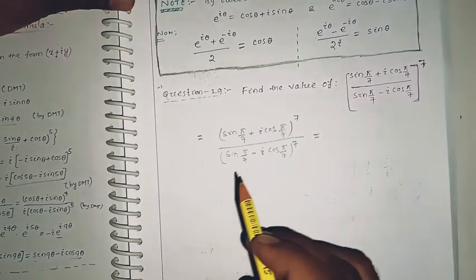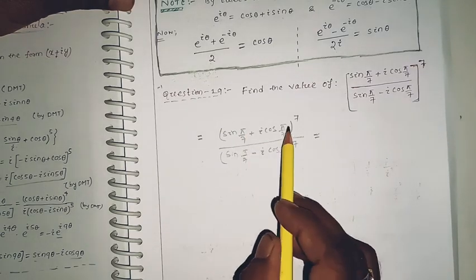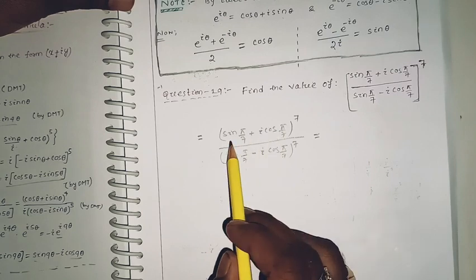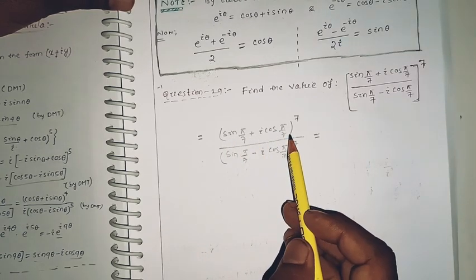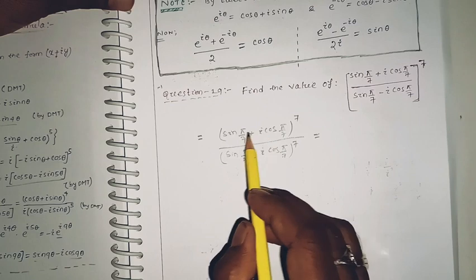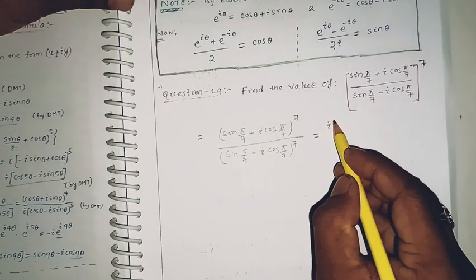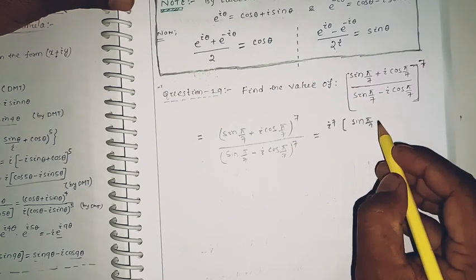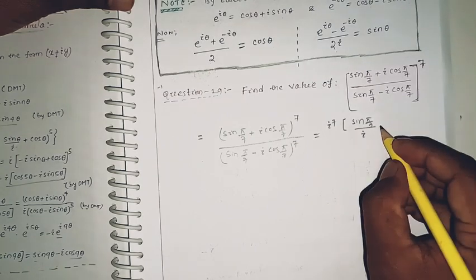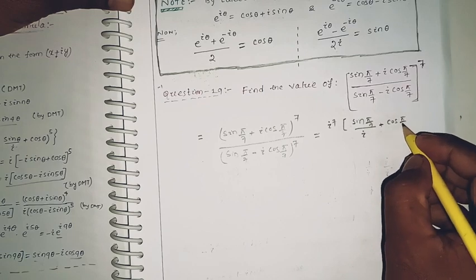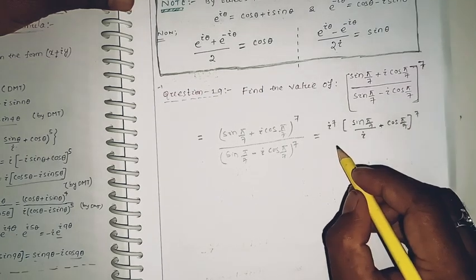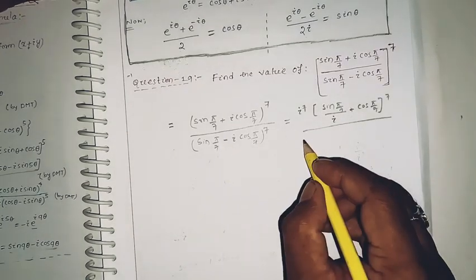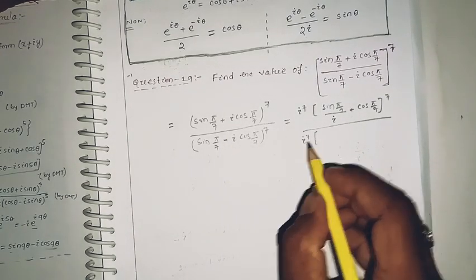So to apply Euler's formula, we have to modify these terms into the form of cos theta plus or minus i sin theta. For that, I take i common from these two terms. So it will be i to the power 7 times (sin pi by 7 by i plus cos pi by 7) to the power 7, whole divided by, here also we have to do the same thing, take i to the 7 common from these two terms.